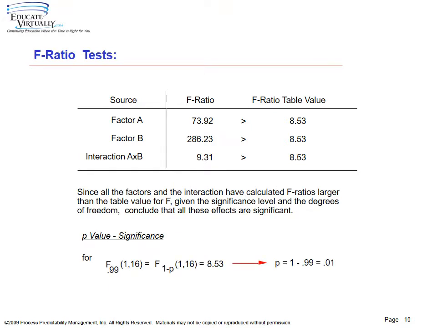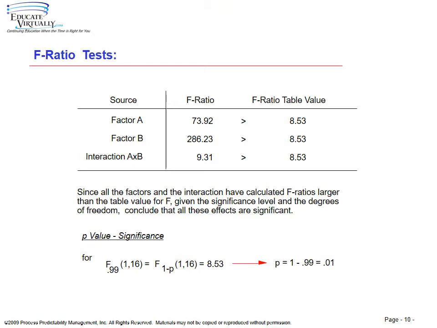In this case, we took a look at the F ratios from the table that were associated with a significance level, a p-value of 0.01. That means that we have 1 minus p, or a 99% confidence. That table value is associated with 1 degree of freedom for the factor, 16 degrees of freedom for the residual, and the value that we got from the table for a p-value of 0.01 is 8.53.